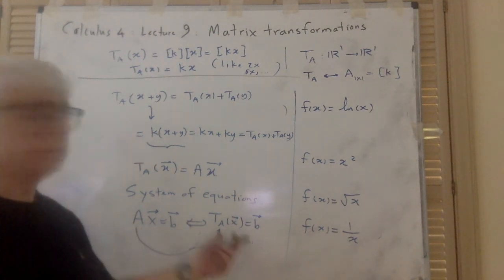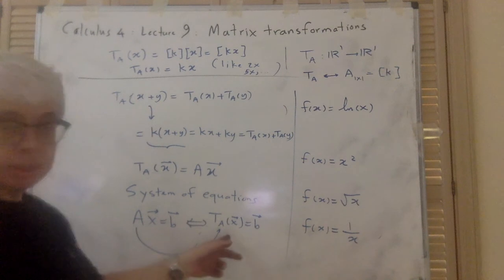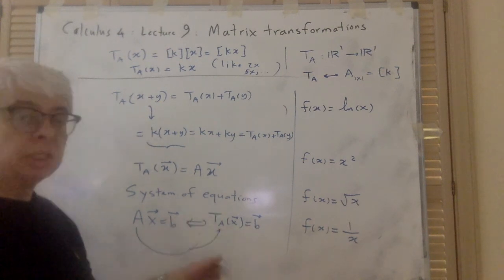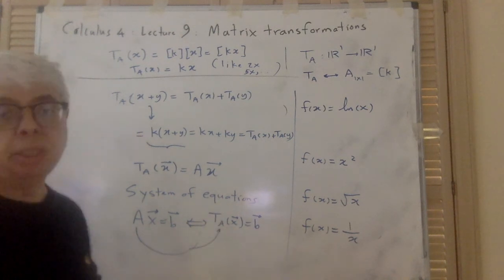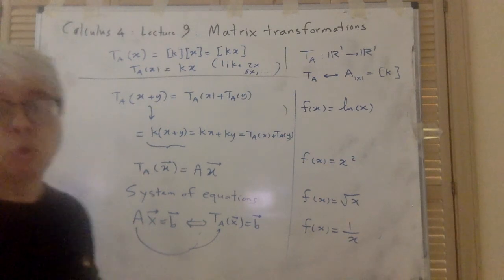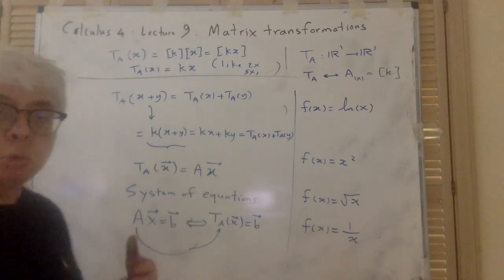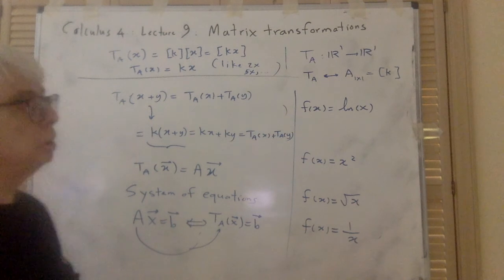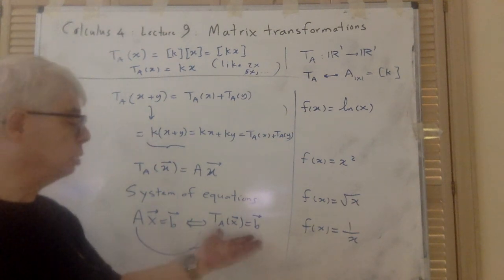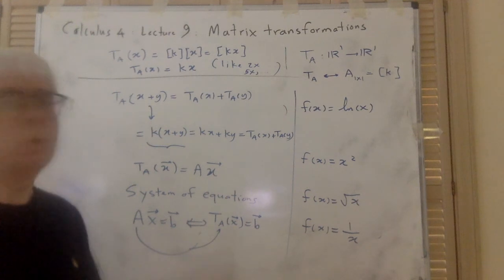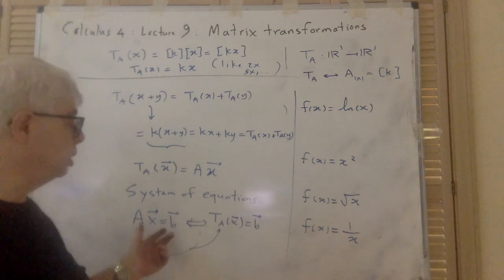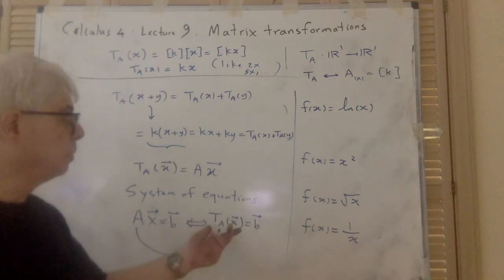It means find an x such that when this function is applied to x, you will get B. So in a sense, we are solving a matrix transformation equation. You can reduce it to just one equation rather than a system of linear equations.